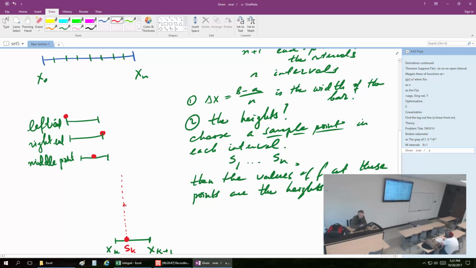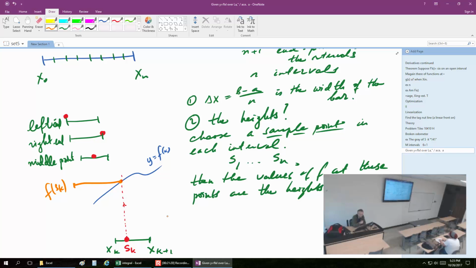From the point sk, I go vertically until I cross the graph of the original function, y equals f of x. I find where they cross, and this is the height. f of sk is the height of the rectangle. In fact, this is the actual computation: sk is given, so I'll find the value. But you can illustrate it with a little picture.